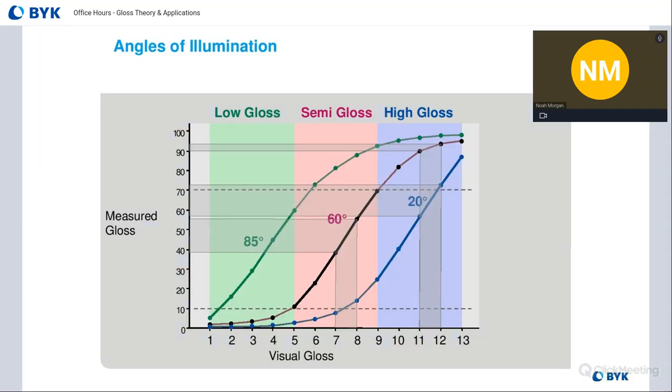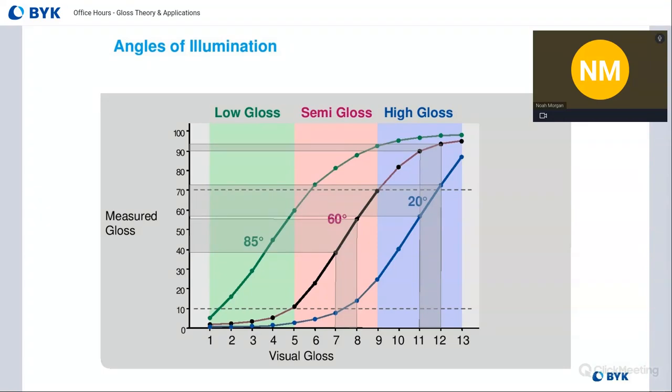What these angles are for is essentially, we see this graph here. It's broken up into several different categories. At the top, we have low gloss, semi-gloss, and high gloss. Across the bottom on the x-axis are gloss tiles numbered 1 through 13 that are step-ups from one another.